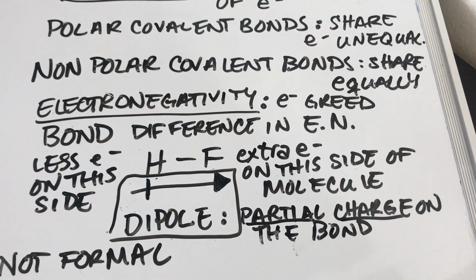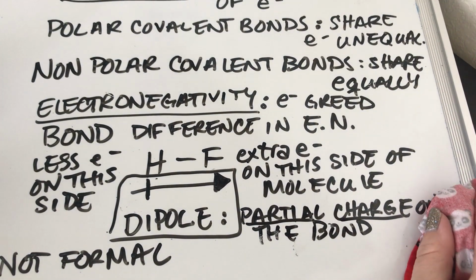That would be somebody that's sharing equally with a partner. Now, I think it's much easier to remember who is nonpolar covalent than who is polar covalent, because most combinations of atoms are, at least to some degree, going to be polar covalent. All right? May I erase?